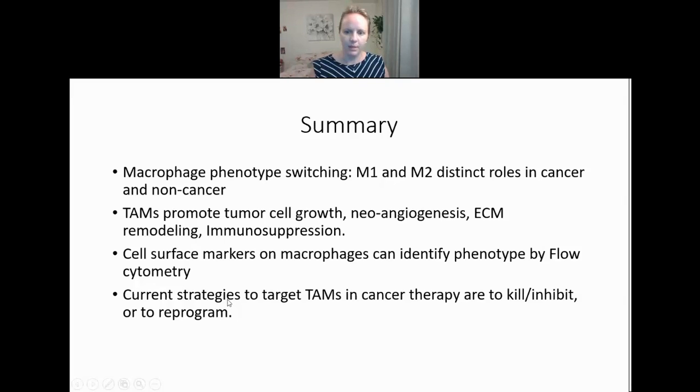And there are limited but ongoing investigations and strategies to target these TAMs to disrupt cancer progression in different phases, and their aims are to either kill TAMs, inhibit their recruitment, or reprogram them to switch them towards an M1 pro-inflammatory phenotype.